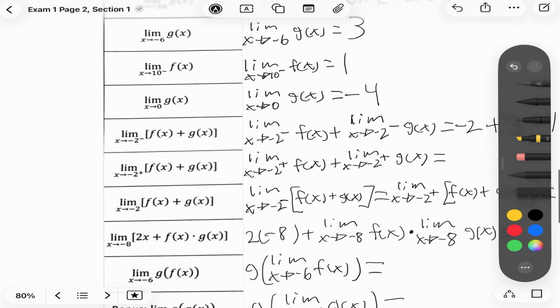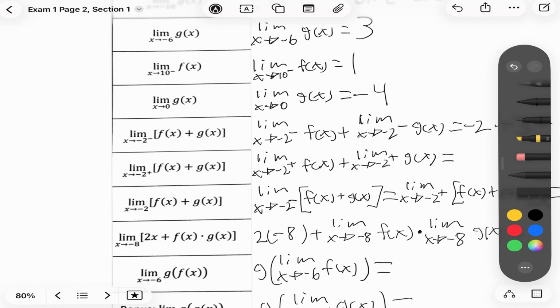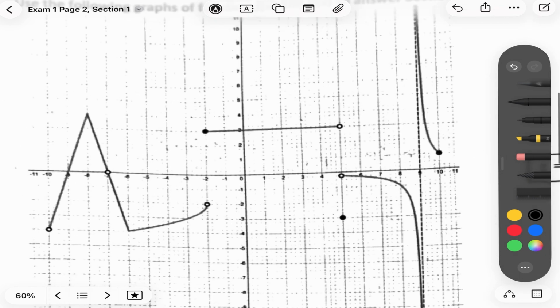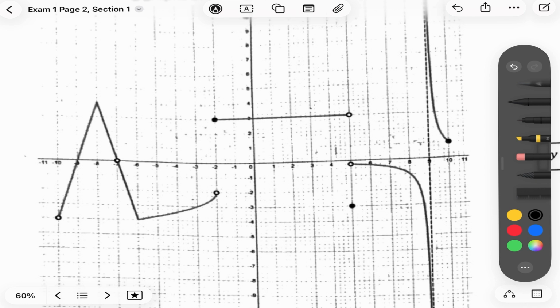Now our next one, it's basically the same thing here, but this time we will be looking at the right side, so the plus. So let's start with our f of x. From the right side, we have 3.